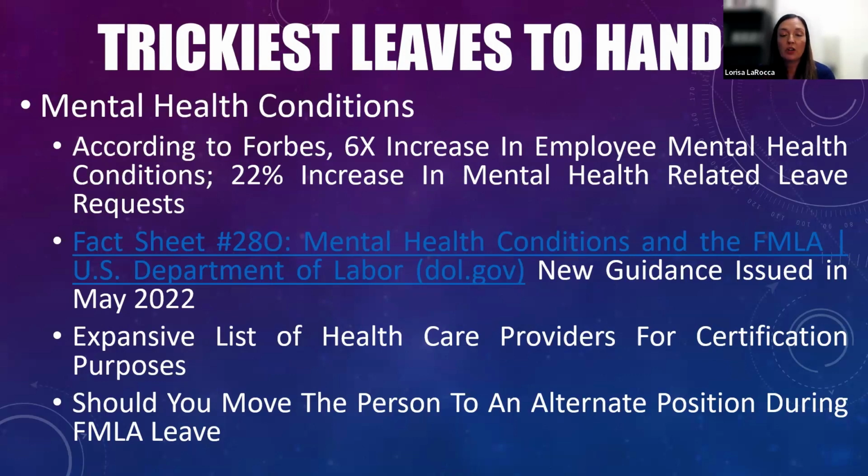The other issue we sometimes have to think about when somebody is out for a mental health related leave is, should we move that person to an alternate position during their FMLA leave if it's going to be intermittent? Because again, maybe that particular position that they're in may create greater stress or anxiety, or maybe it's just one that isn't particularly conducive to somebody not being there without notice.